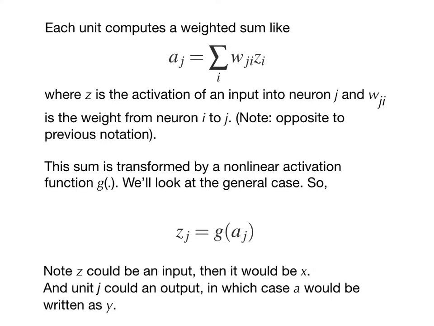Let me say that again. The activation of neuron j, A_j, is summed over all of the inputs into neuron j, all of the i's: the weight w_ji for input i to neuron j times the actual input from neuron i, and that's z_i.